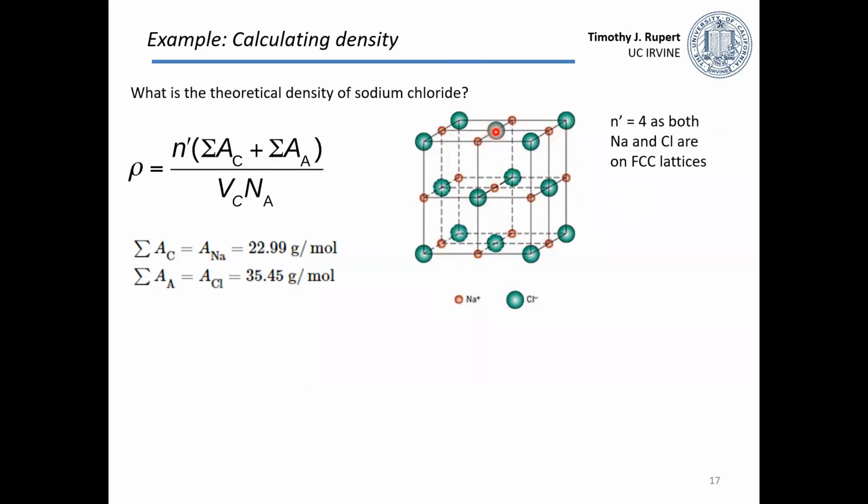So that becomes 3, total of 4 chlorine atoms in this unit cell. We can do the same thing for the orange sodium atoms. Just to save time, I'll tell you it's going to end up being 4 as well. So in the 1 unit cell, we have 4 NaCl. Okay, so that N prime will be 4.